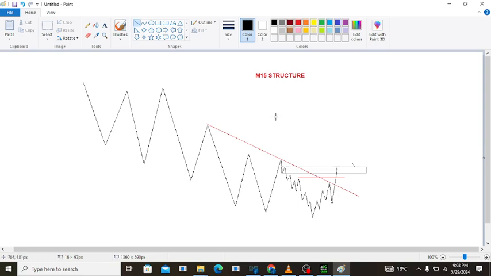It is very much better if the price did like this. It's very much better.